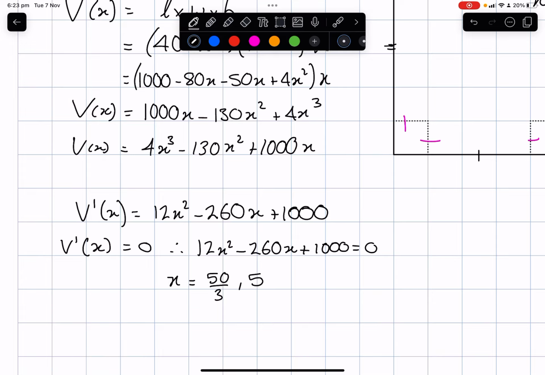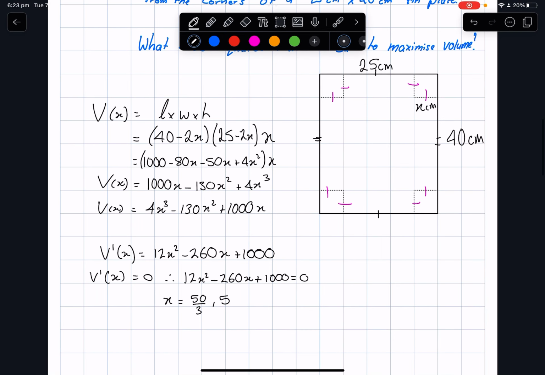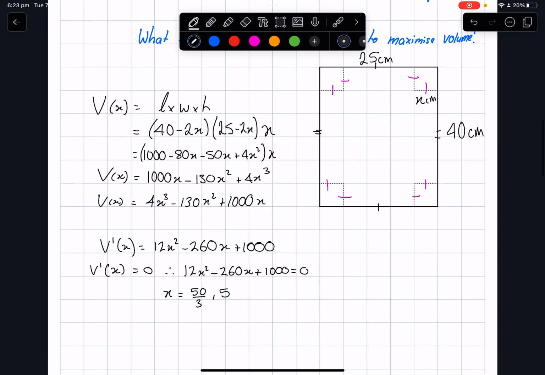So we need to work out if any of these do not actually allow us to work. Now 50 over 3 is approximately 16 and 2/3. Misread my calculator. 16 and 2/3. Now, if I use 5, I can put 5 in for x here, and I've got just 15, a length here, and then I've got a length of 30 here.